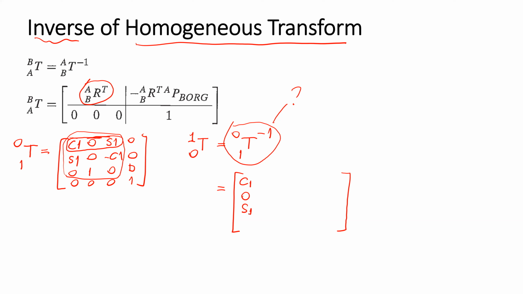And the second row will be the second column, S1, 0, minus C1. And the third row of the rotational matrix will be the third column, 0, 1, 0.